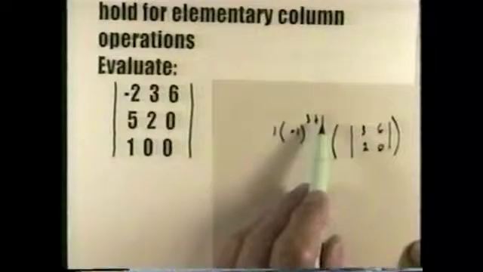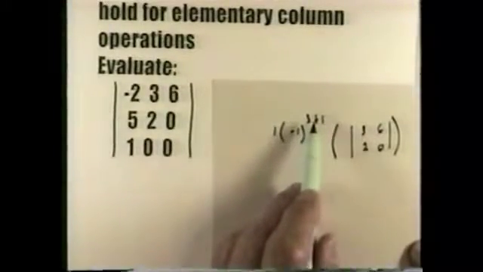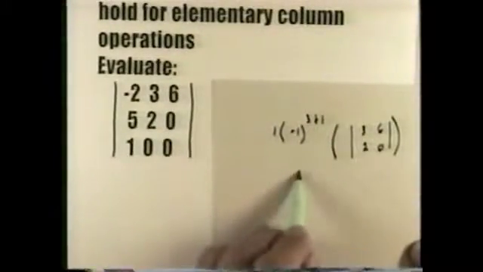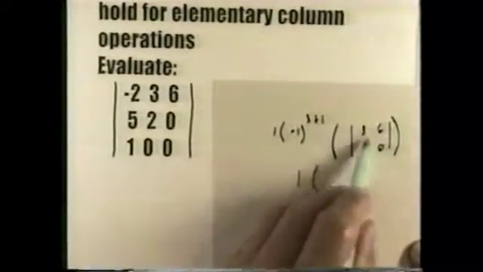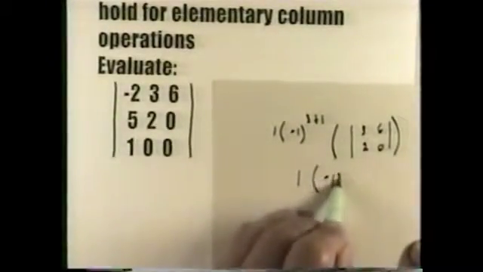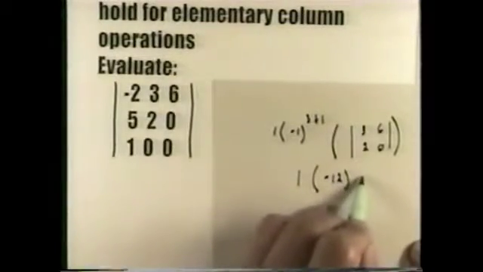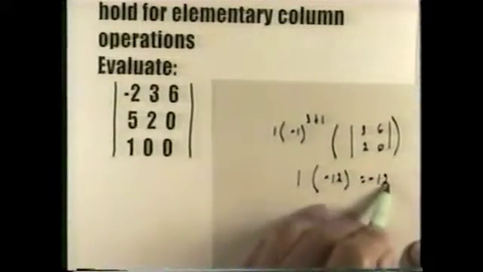Now 3 plus 1 is 4. -1 to the fourth is +1, so that's going to be 1 times 3 times 0, 0, minus 12, which is -12.